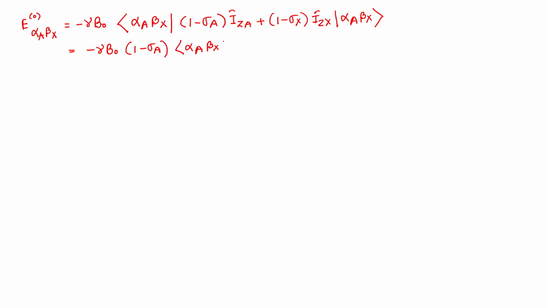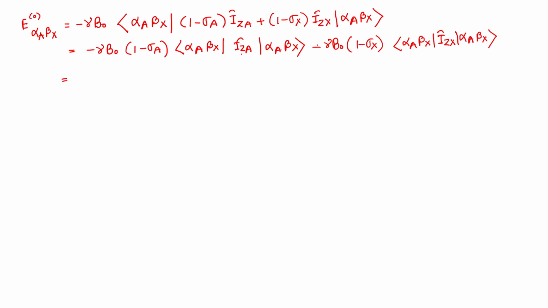Alpha A beta X, Iz A operating now on alpha A beta X, gamma B0 1 minus sigma X. This sigma is the shielding constant, don't forget about that. Iz X alpha A beta X. Okay.